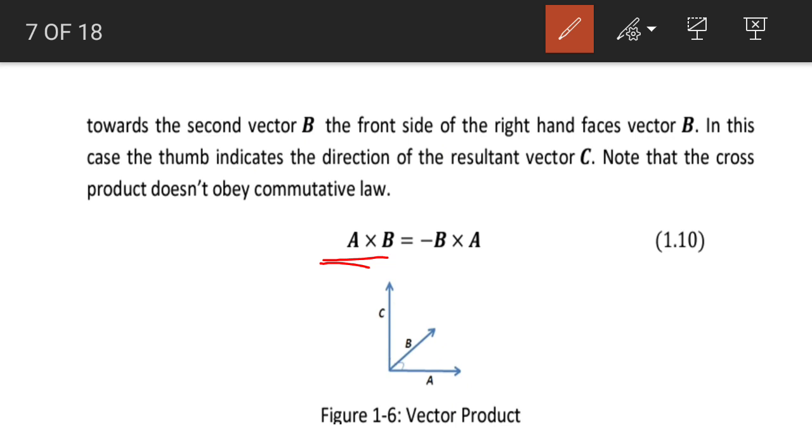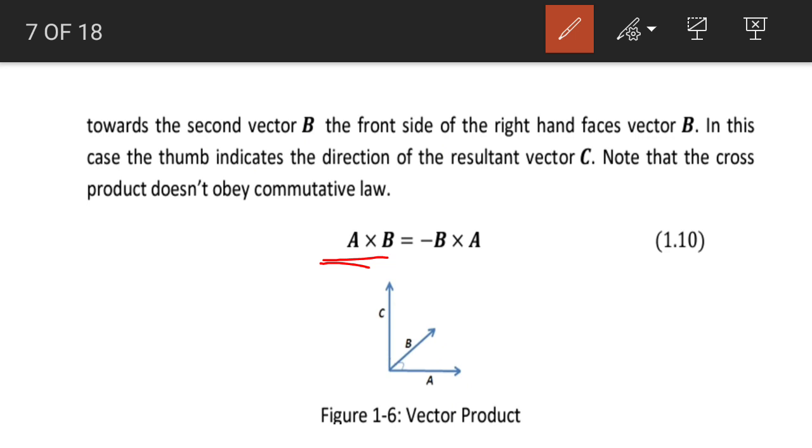So we place our right hand along with the first vector, that is A. In this particular case, your thumb should be normal to the fingers.